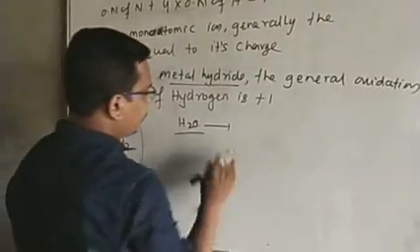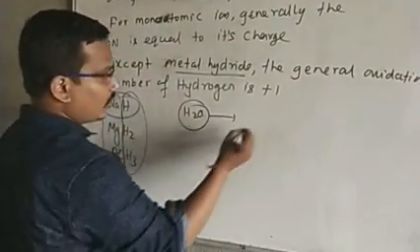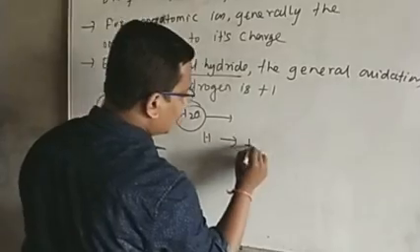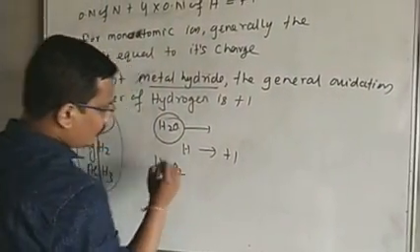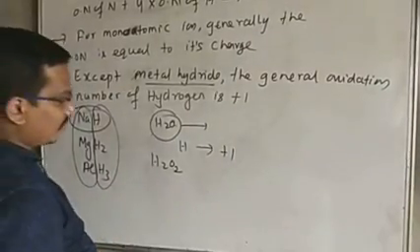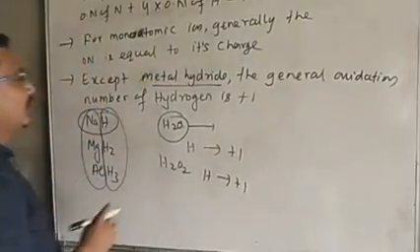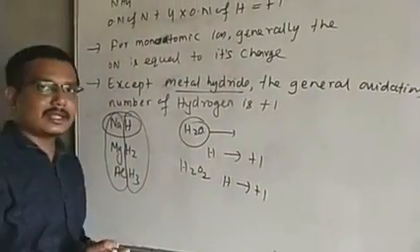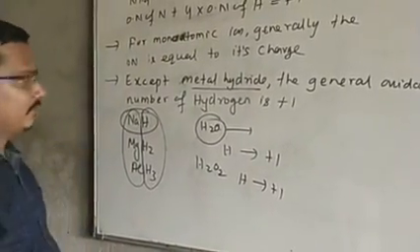Oxygen is the non-metal. What is the oxidation number of hydrogen in H2O? Generally, we think the oxidation number of hydrogen is +1. Like that, H2O2: here also the oxidation number of hydrogen is +1. In the metal hydride, hydrogen shows the negative oxidation state.